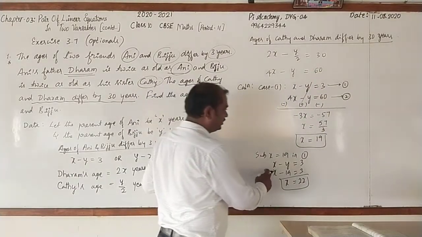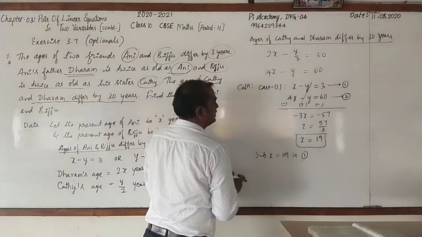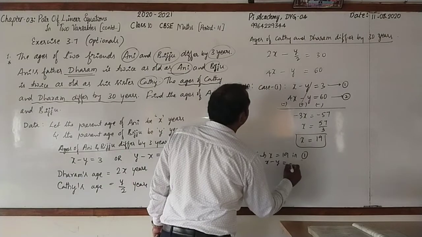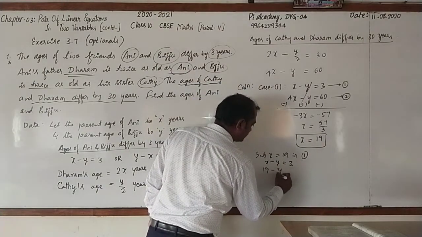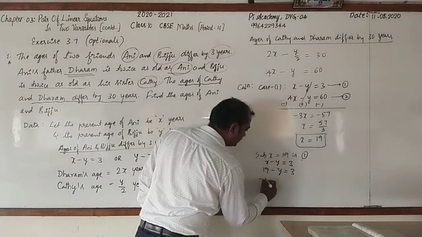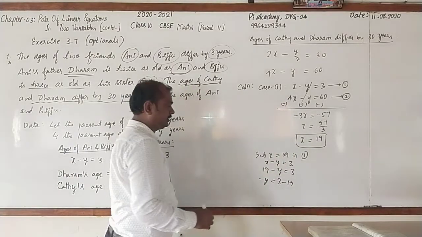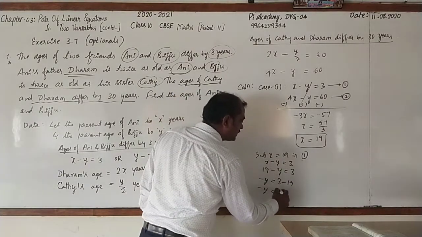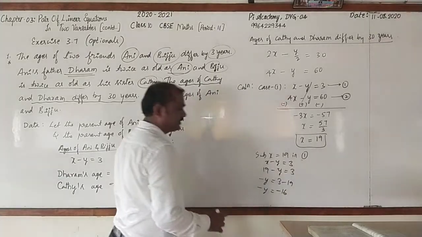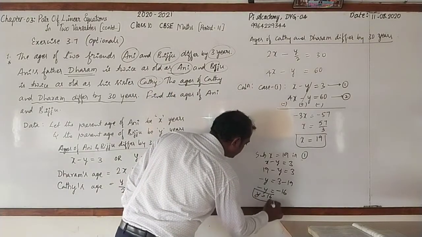You are going to find out the value of y. x minus y equal to 3. Then x is 19. 19 minus y is equal to 3. Minus y is equal to 3 minus 19, which is minus 16. Minus minus get cancelled. y is equal to 16.